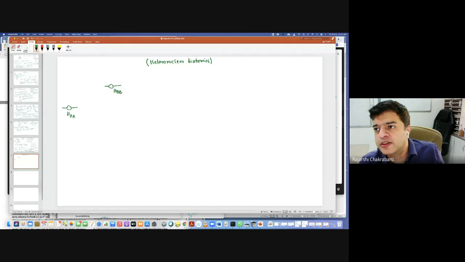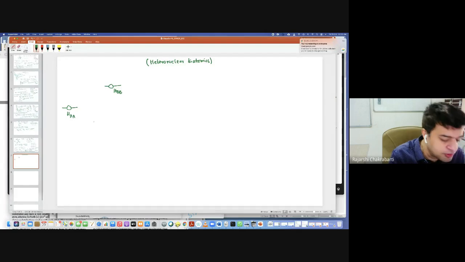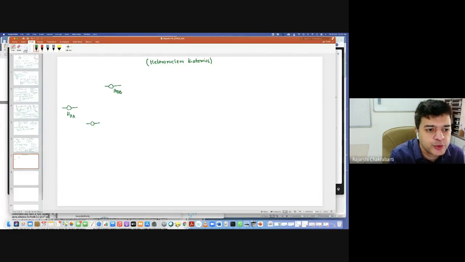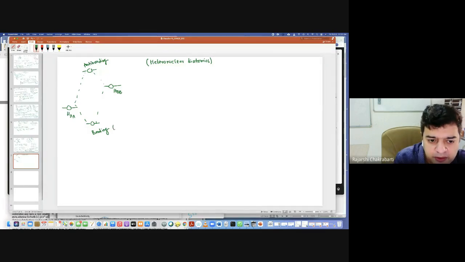If you have a heteronuclear diatomic, this is going to happen, isn't it? So in this case, what will happen to the bonding? You will see that the bonding MO would be close to HA, this is bonding, and the anti-bonding MO would be close to HB, this is anti-bonding.